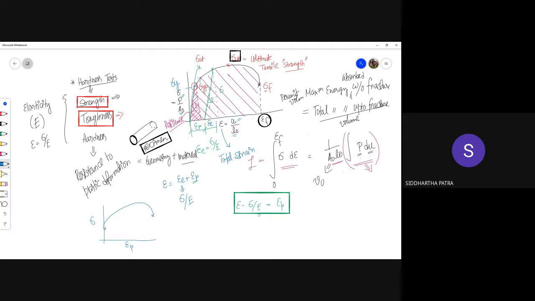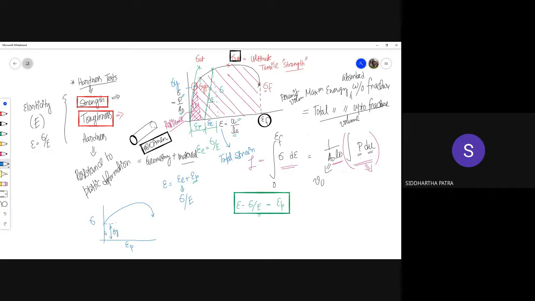Now, why does it make a y-intercept? The fact is, when your stress is below yield stress, there is absolutely zero plastic strain. So the plastic strain only starts when the stress goes beyond your yield stress value.